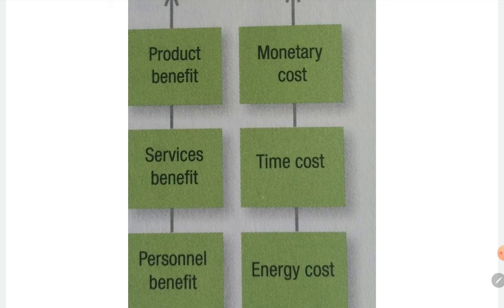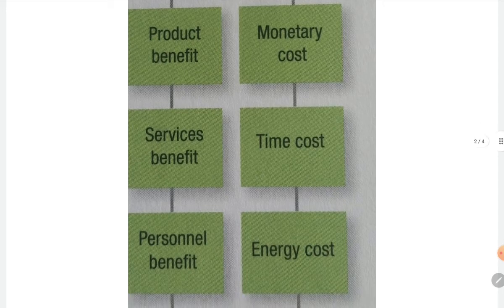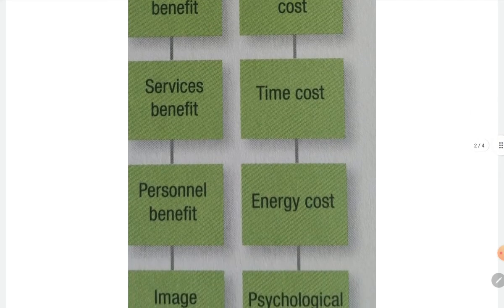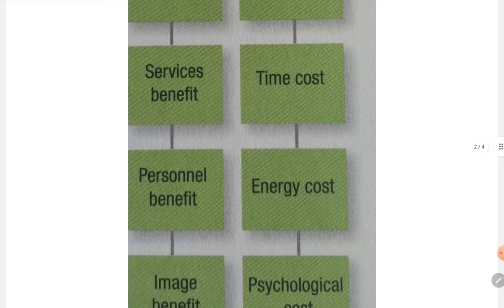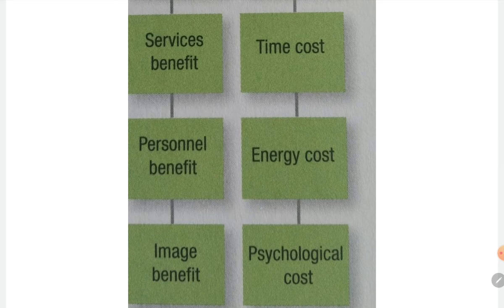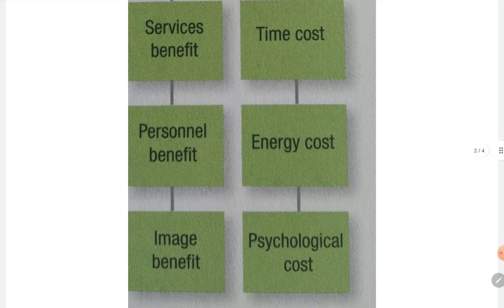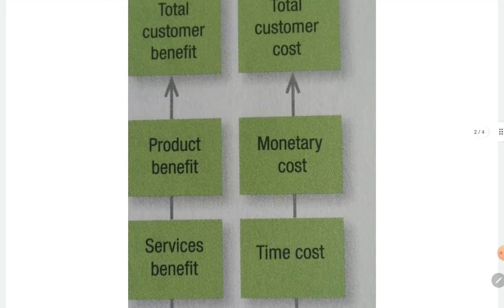Then my time cost is going to be there, my search cost, where I am going to get the product. I will be spending some time to buy that, and energy also it is going to consume, both psychological energy as well as physical energy. The cost of physical energy is computed as energy cost, and the cost of psychological energy is computed as psychological cost.